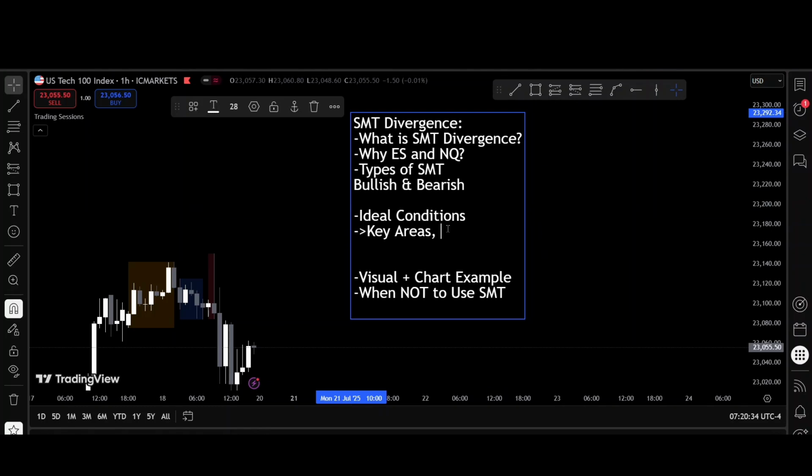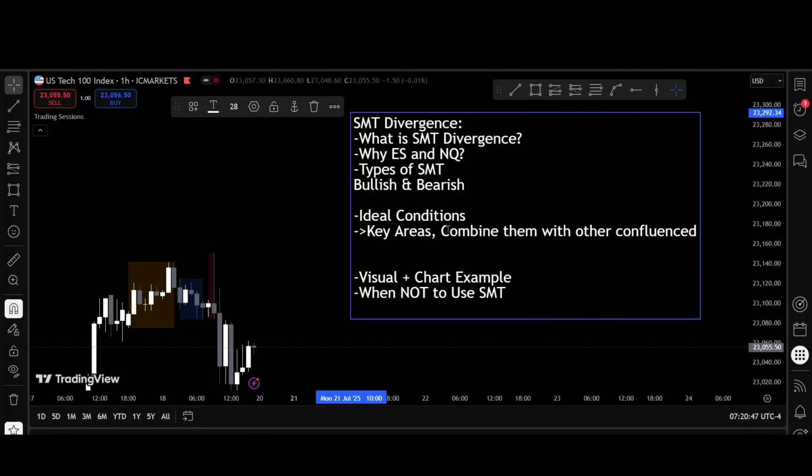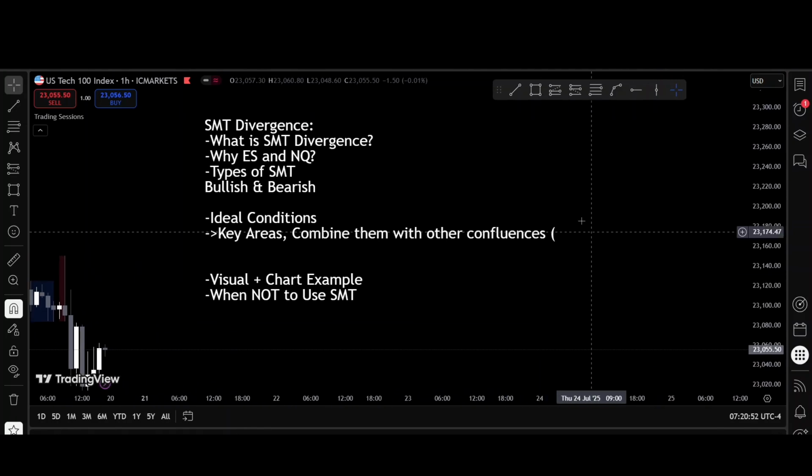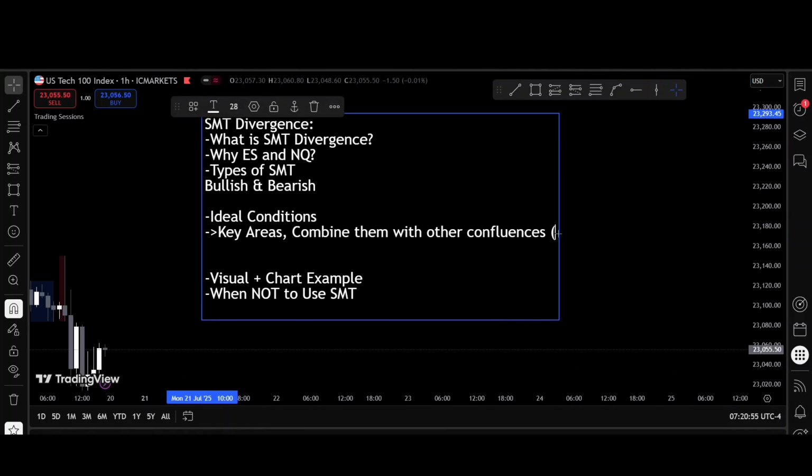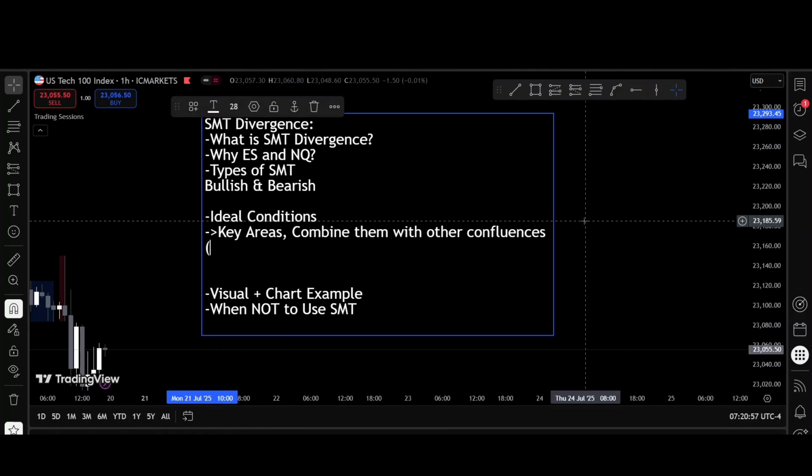Now you want to combine them with other confluences, for example your fair value gaps, your break of structure, your order blocks, your breaker blocks, equilibrium.